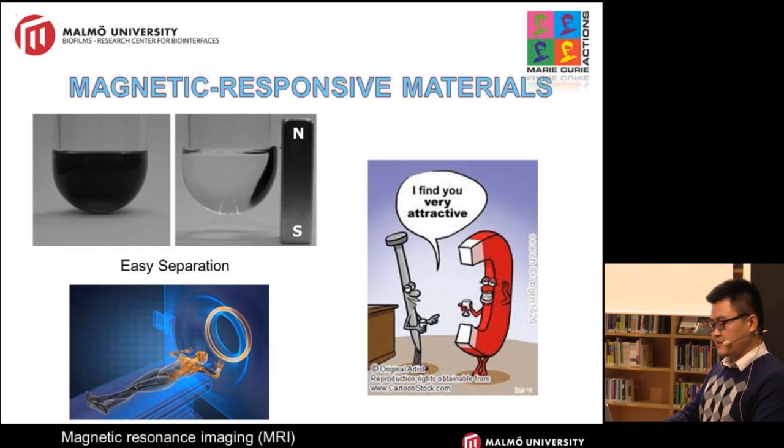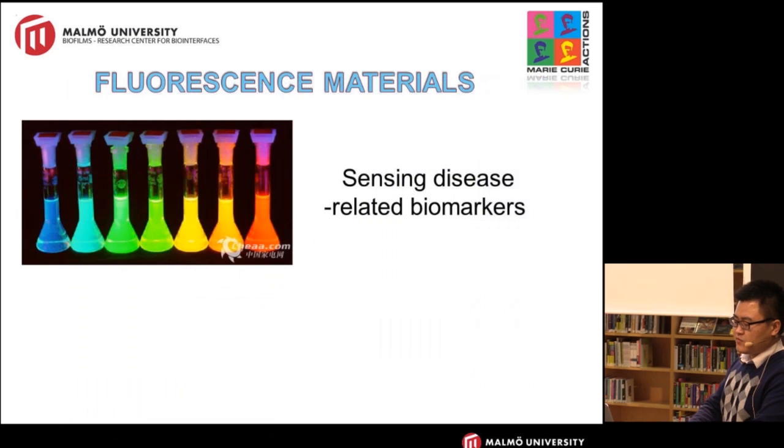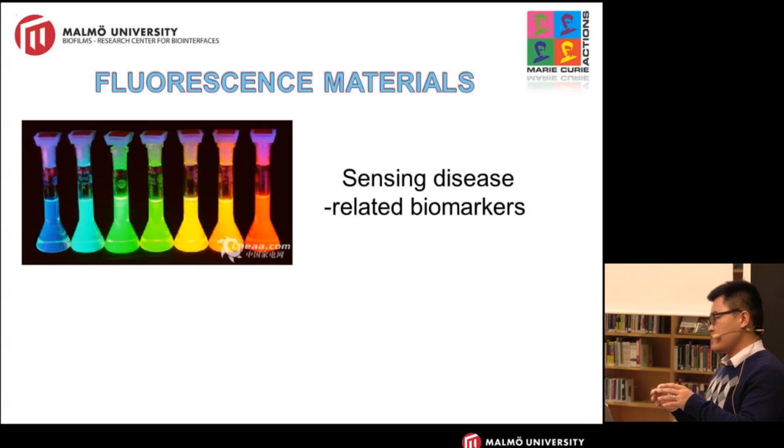Okay, next one is fluorescent materials. These fluorescent materials are very colorful, with different colors. They can sense the outside temperature, or even some bio-related biomarkers to diagnose your disease. This is very useful.